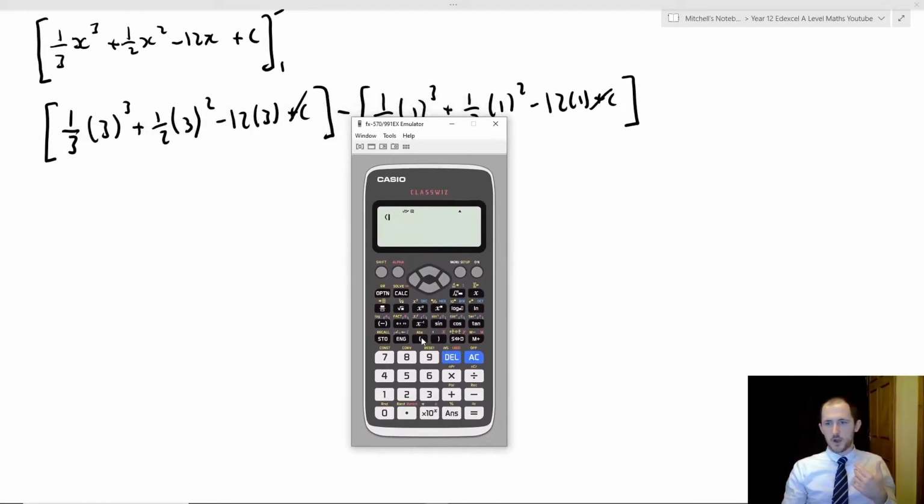So if I do open bracket, the only thing I will say with doing this is that you're more prone to error. So take it slowly. The reason why I say that is because you're not going to be able to see everything you're typing in a calculator, because this is very, very big.